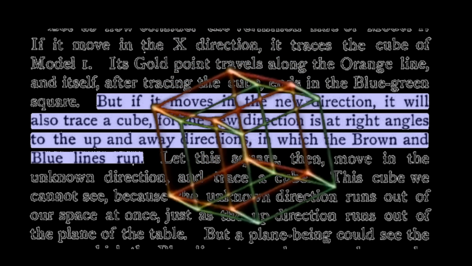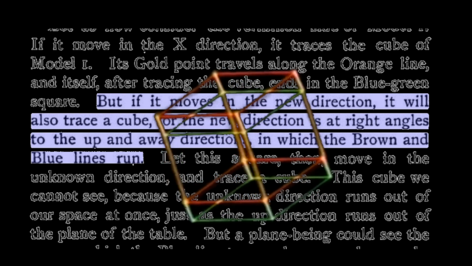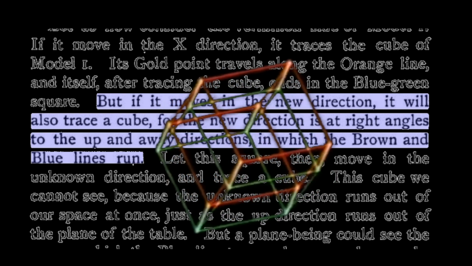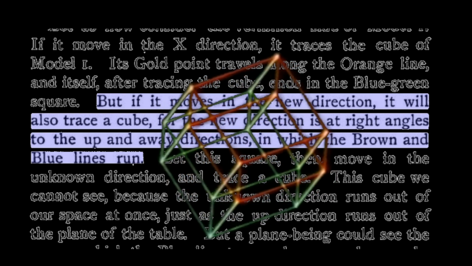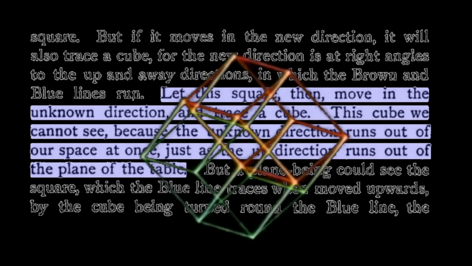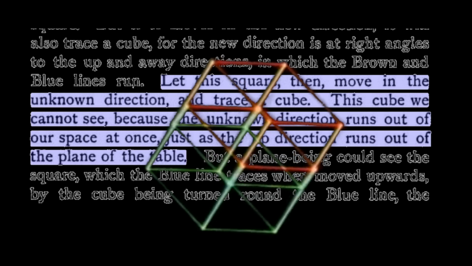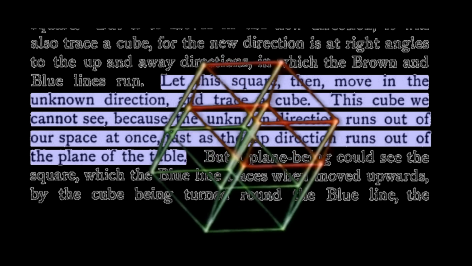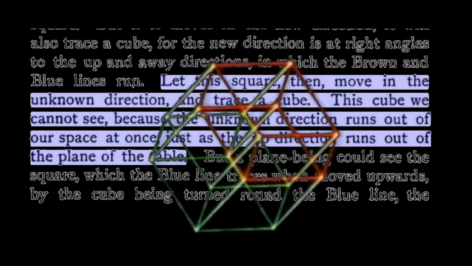But if it moves in the new direction, it will also trace a cube, for the new direction is at right angles to the up and away directions, in which the brown and blue lines run. Let this square, then, move in the unknown direction, and trace a cube.